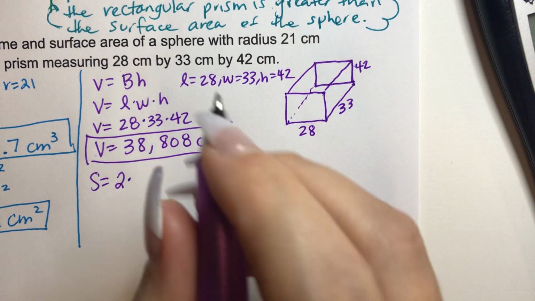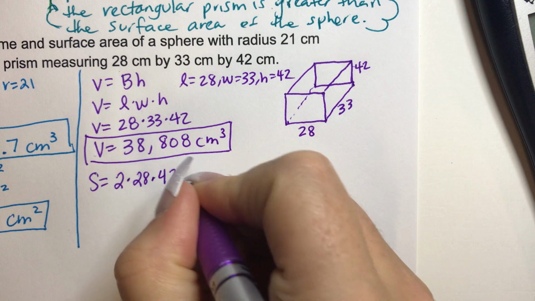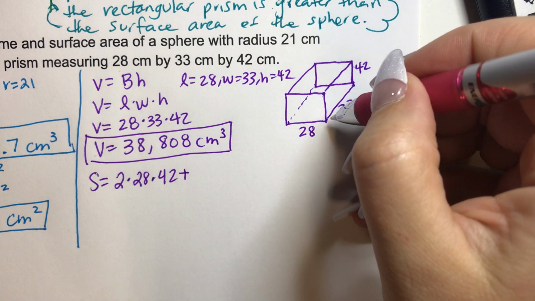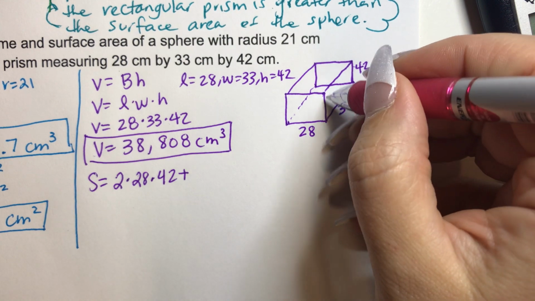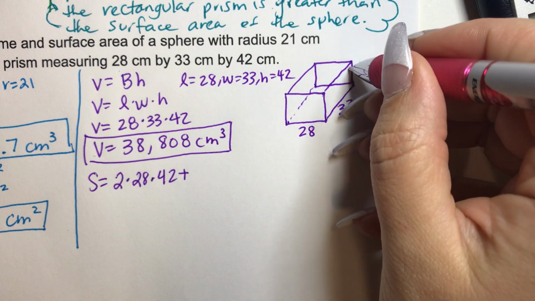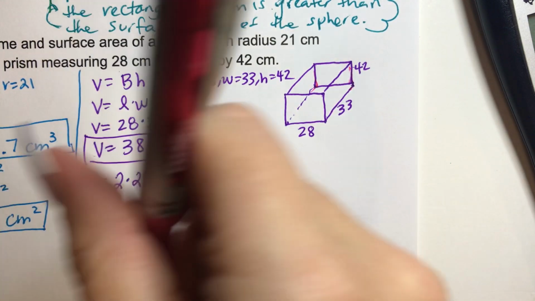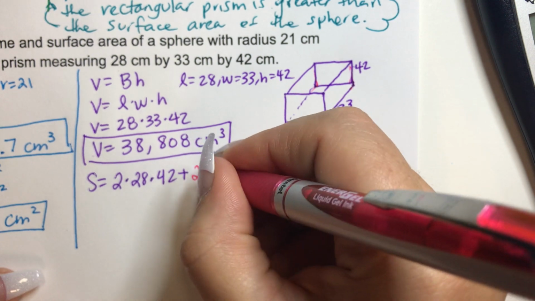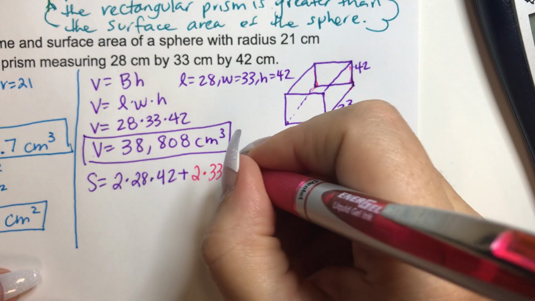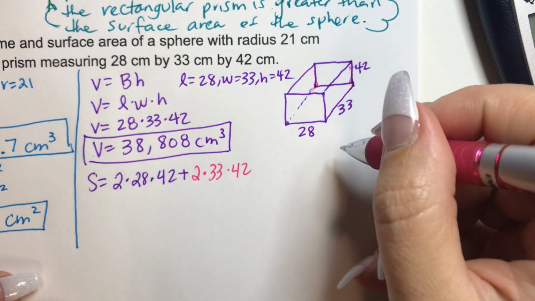So 2 times 28 times 42 plus, we'll do the sides, right, which is, there's a rectangle here, so the length is 33, the width is 42, and the same is true over here, 33 and 42. So 2 times 33 times 42, because there's the left side and then the right side, that's where you get the 2 from.